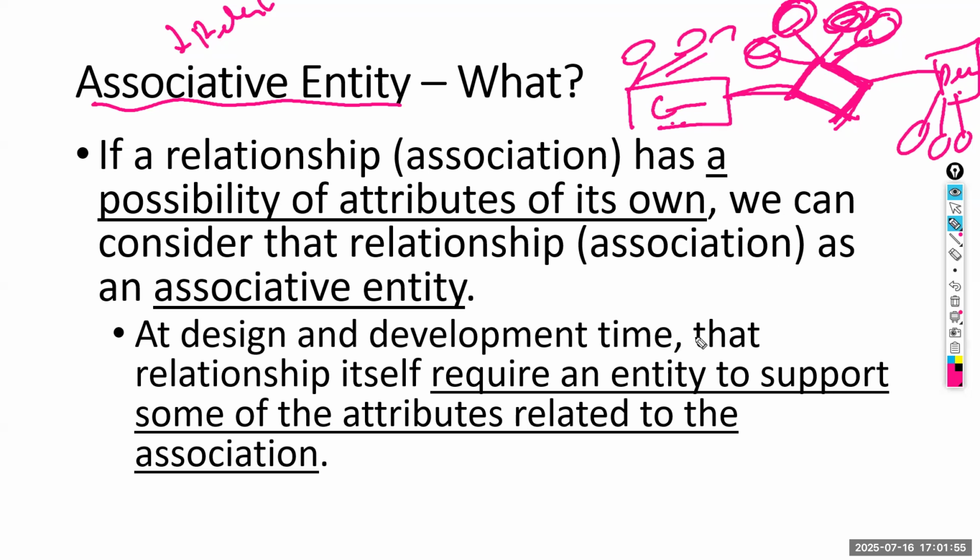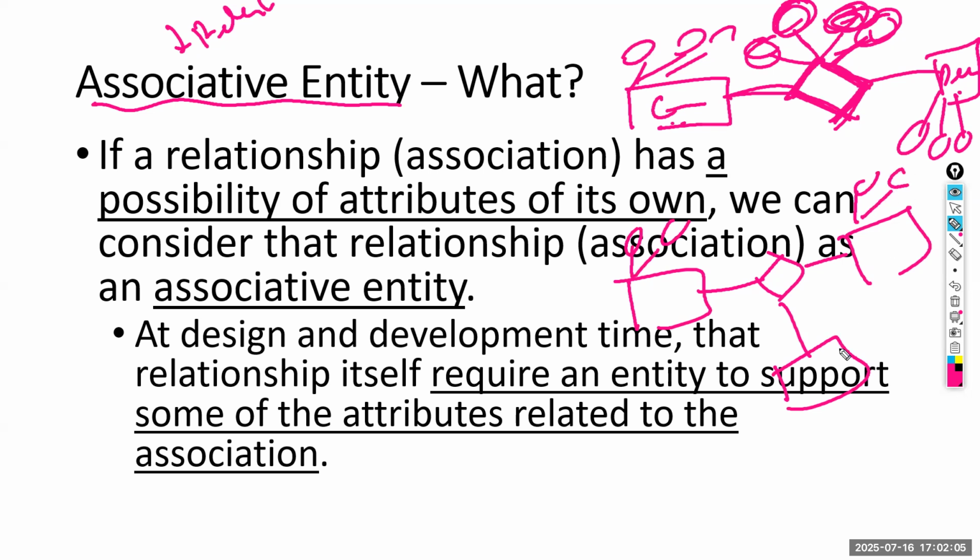So the second possibility is when you have a ternary relationship. In a ternary relationship, there's a high chance that there's a possibility that you have attributes here too. So then again, it is an associative entity. So what are the two probable places where you can end up with an associative entity or some attributes in the relationship?